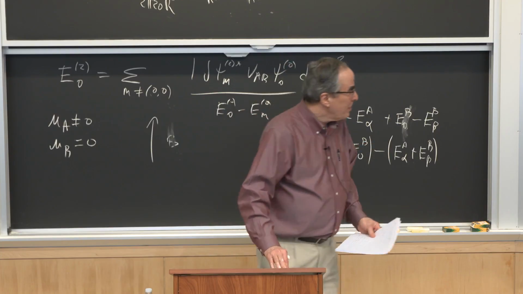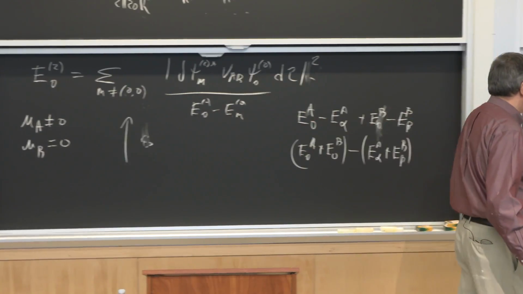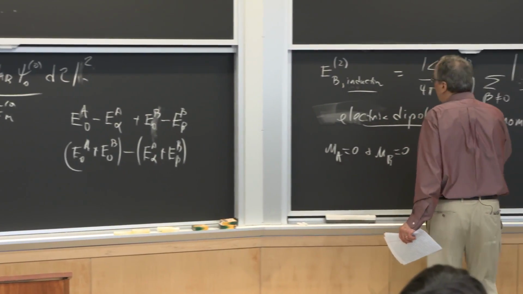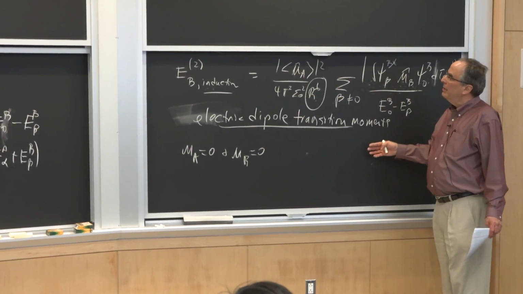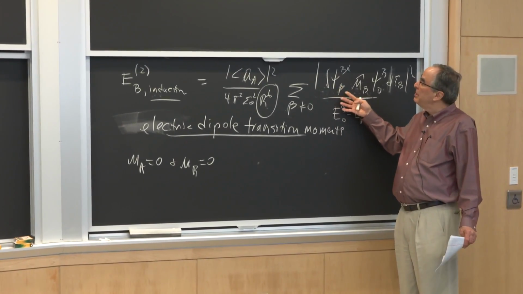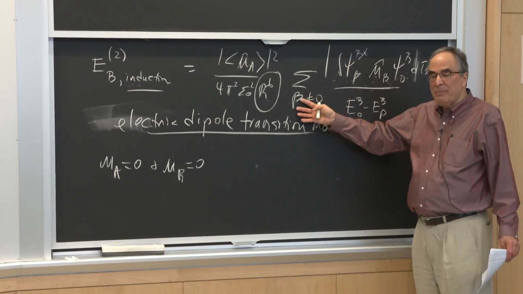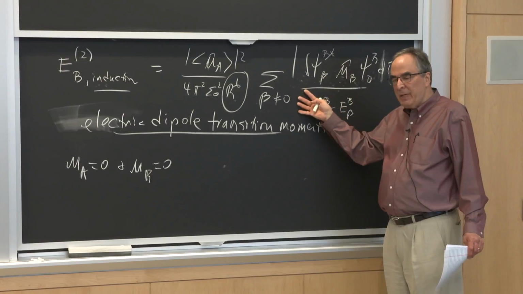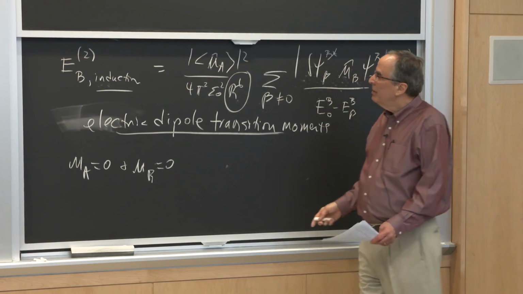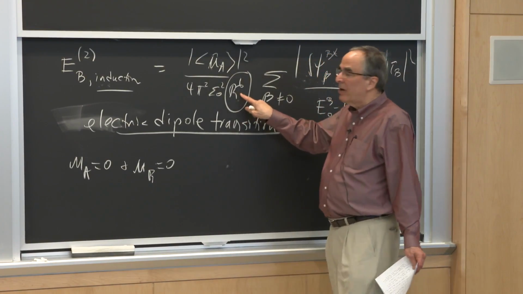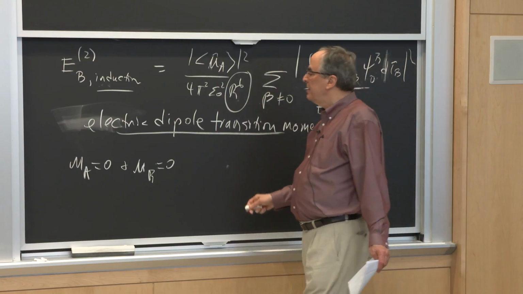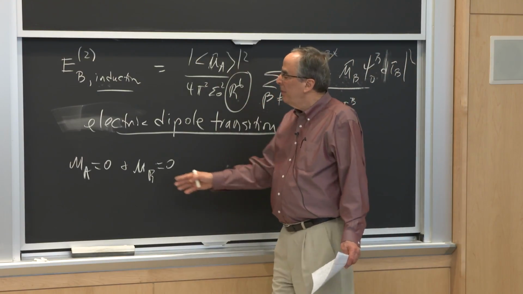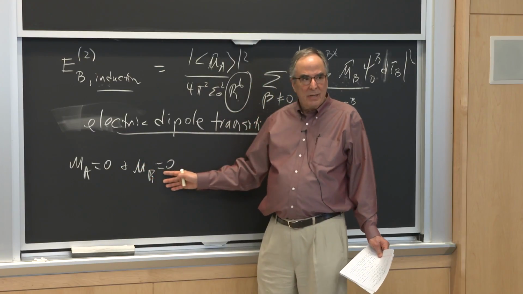And so I don't really need to actually write out everything, because when you do that and you include the second order perturbation expression for particle A and particle B, you get a term that looks just like this. It has 1 over r to the 6th. But it now involves transition moments on particle A and particle B. Nothing new.